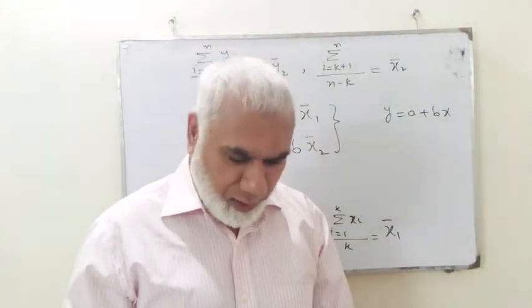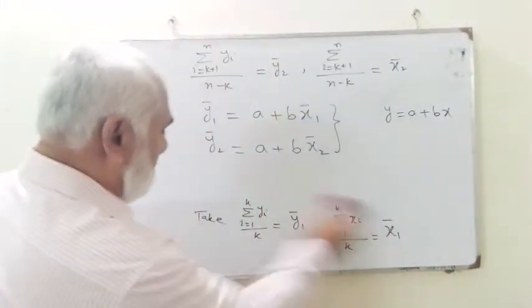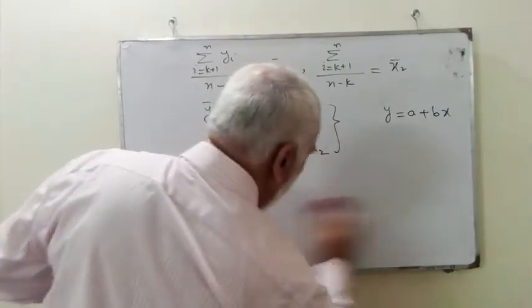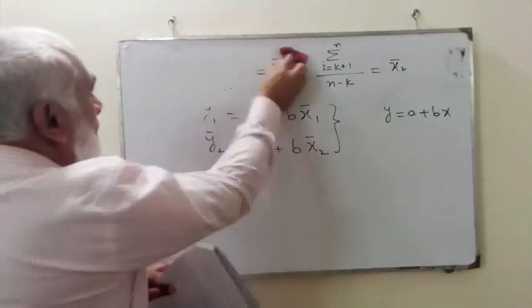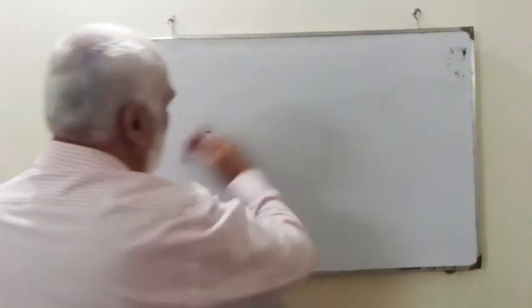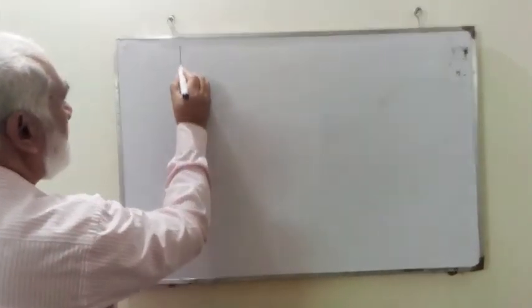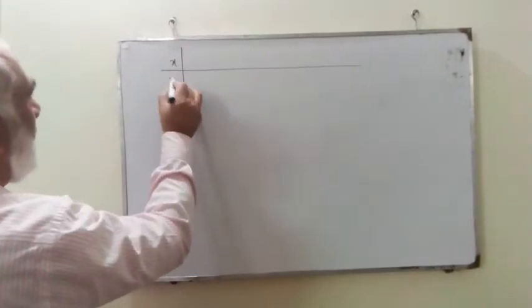Okay, the question is, of course, you are given a set of points. Here we have a set of points in the form of a table of x and y, and this is an example we are solving.